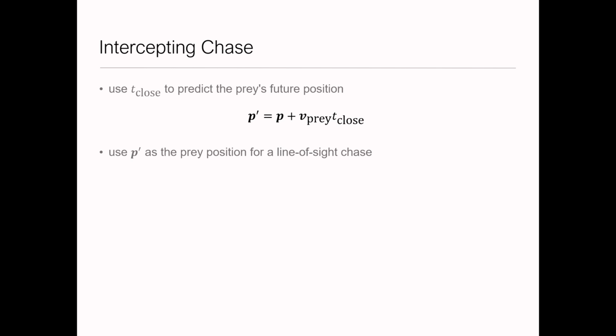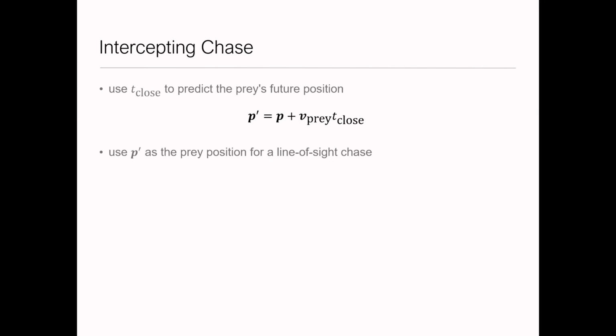If you have the prey's speed and direction, then that becomes s times d instead of v, but same thing. Add it to the prey's current location, and you now have a guess as to where the prey will be in the future. Now you simply use your line of sight chase with P prime instead of with P. So you do line of sight chase to the anticipated location of the prey instead of the current location of the prey.